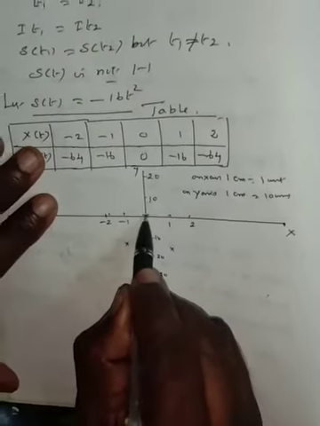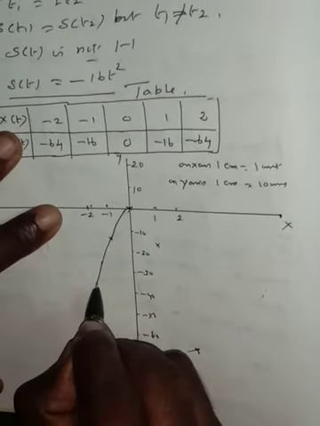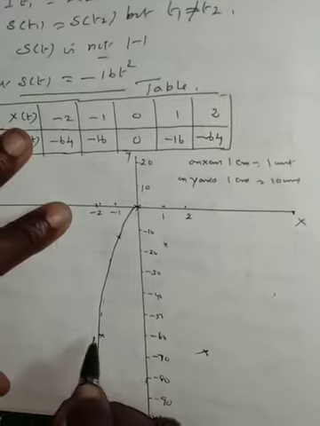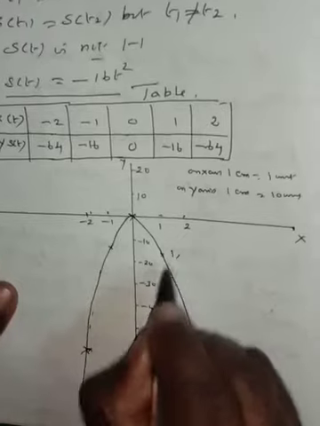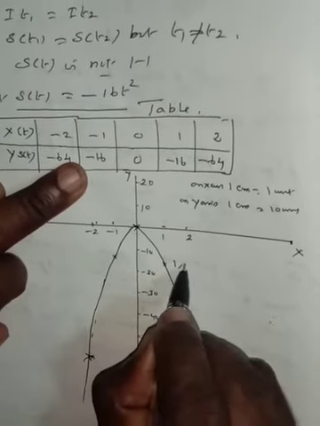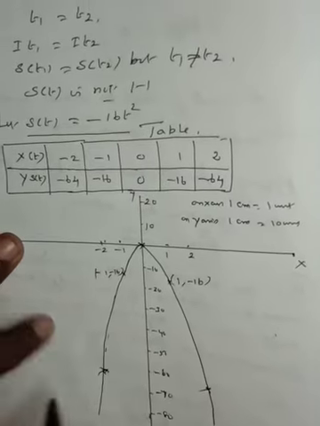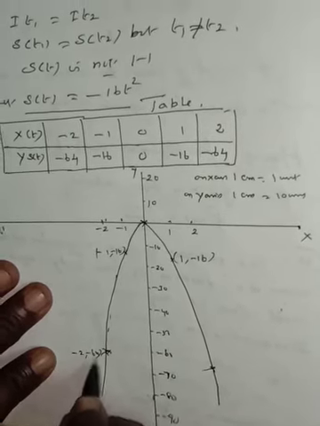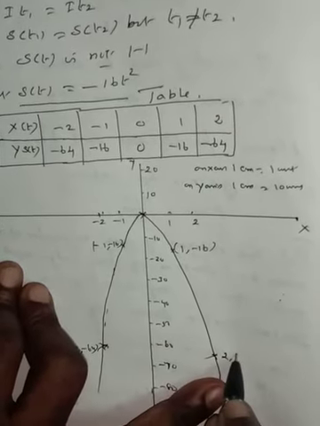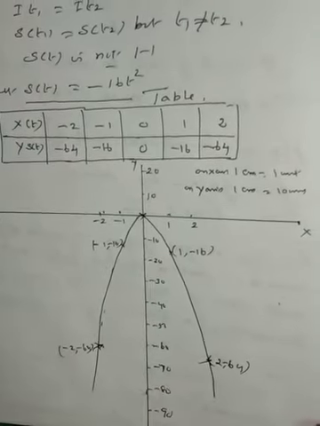Now plot the points: 0, 0; 1, minus 16; minus 1, minus 16; minus 2, minus 64; positive 2, minus 64.